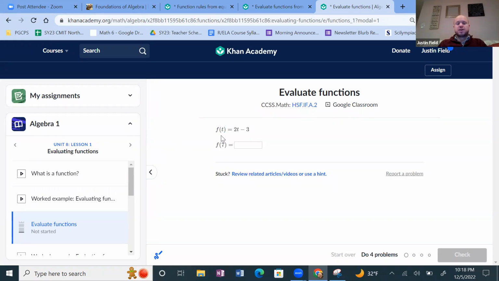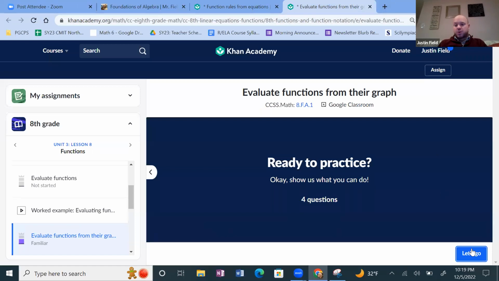See, there it is, f of t, but it's the same thing. You're just substituting 7 in for t. So go to Algebra 1 functions if you want to see the algebra way.